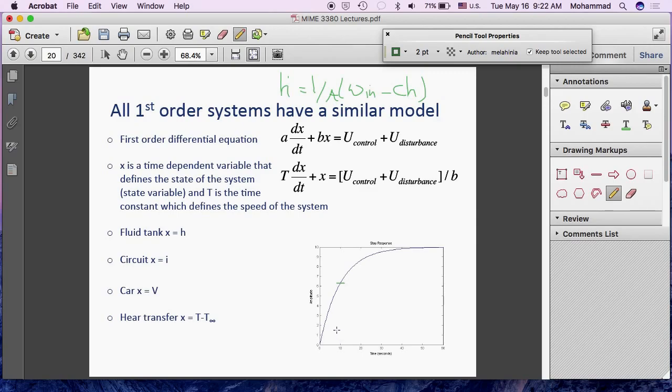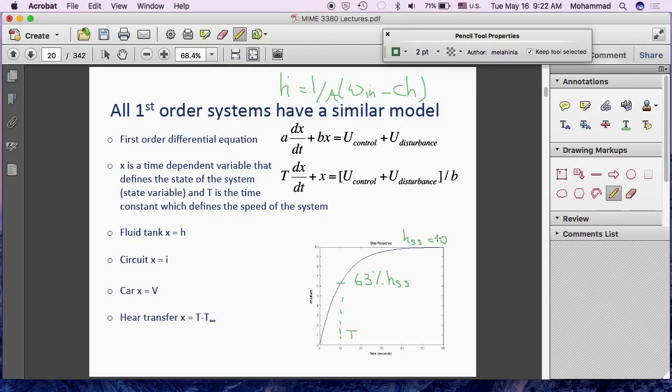So this is the time constant. So the time that it takes to 63% of H steady state. Now in this case, H steady state is 10. Or whatever that variable is.